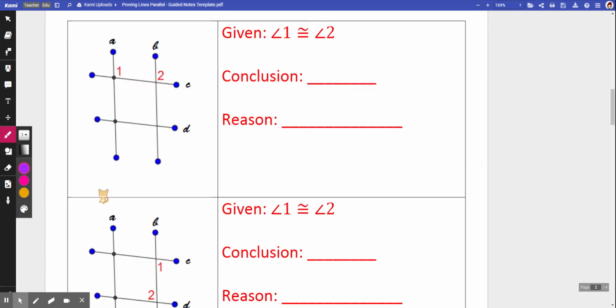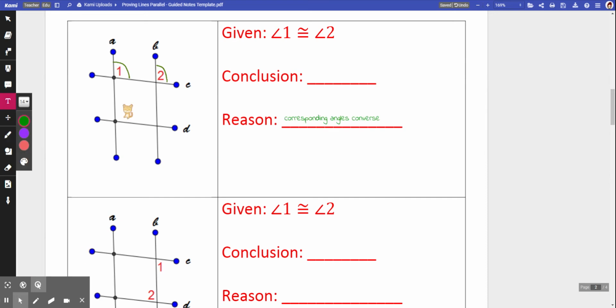So to use these theorems, you use them in proofs. So if I'm given that angle 1 is congruent to angle 2, then these angles are corresponding angles. So I can use that corresponding angles converse to conclude that these two lines are parallel.